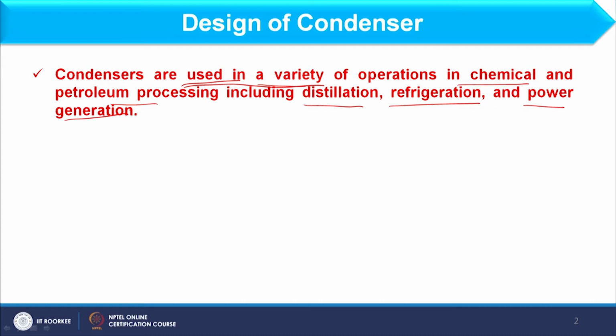As far as distillation is concerned, virtually every distillation column employs either a partial or total condenser, and in that way it converts vapor into liquid. The condenser is placed at the top of the distillation column, where whatever vapor is generated in the column is converted into liquid.